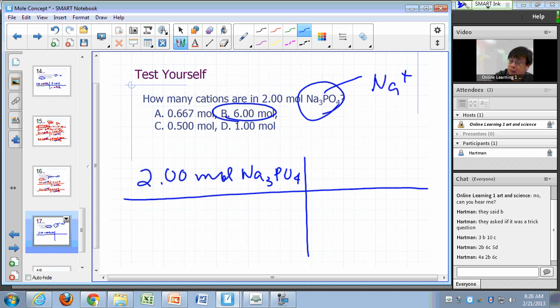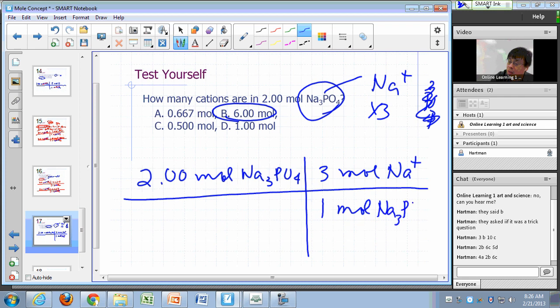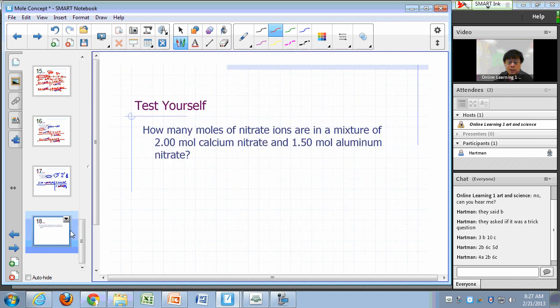So you have 3 of those, right? And the phosphate is the negative ion, PO4 with the negative 3 charge. So sodium is the cation. So you say 3 moles of sodium ions in 1 mole of Na3PO4. Good. So that gives you 6 moles of cations.